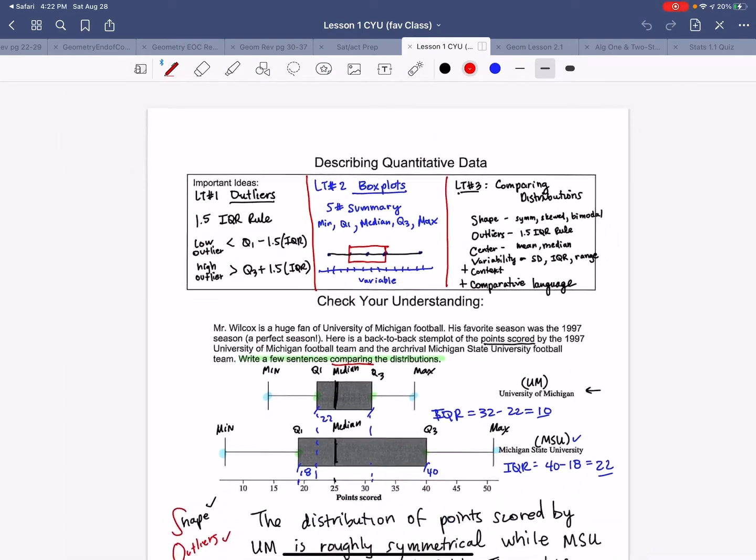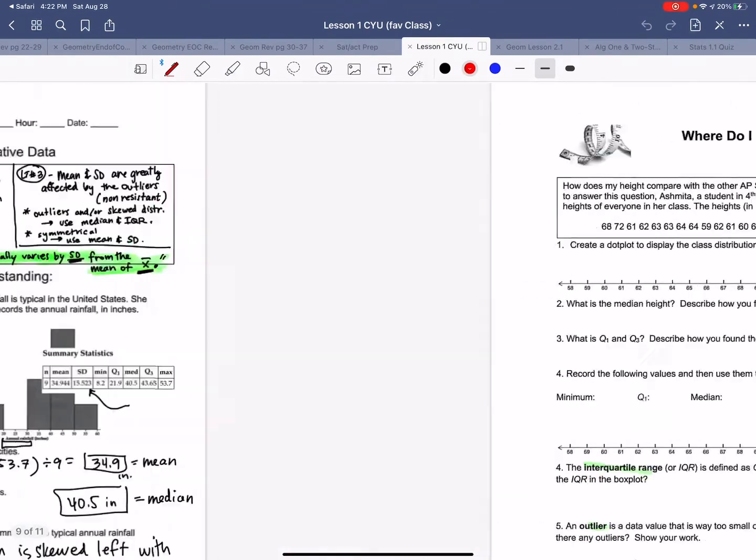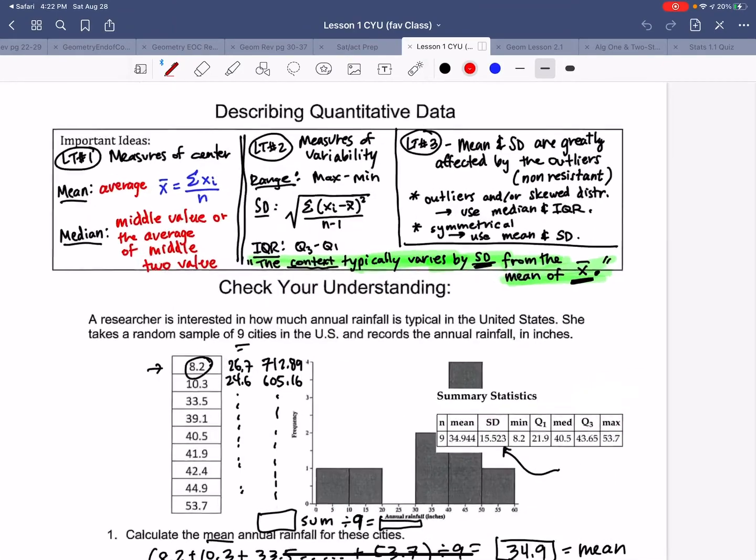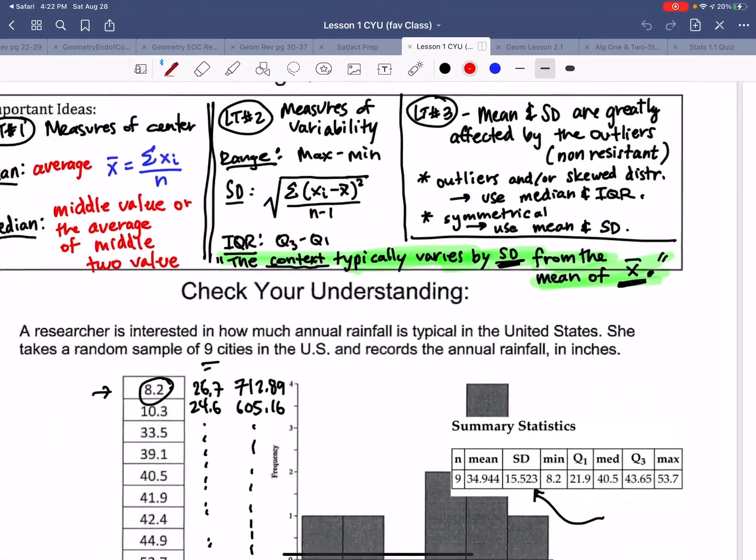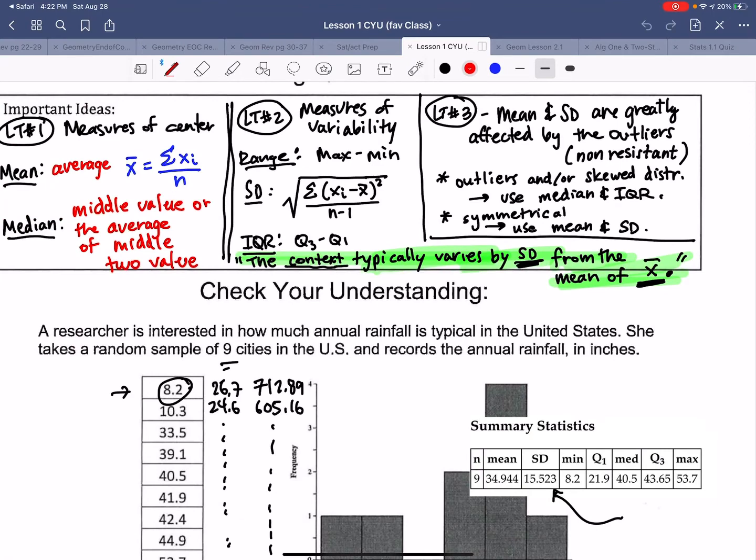Go back and standard deviation. What is it? We said that the standard deviation is: the context typically varies by blank from the mean of blank. That's what that means. The context typically varies by blank from the mean of blank.